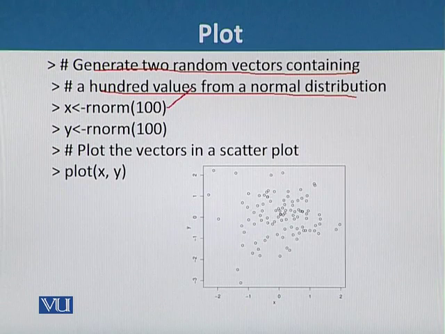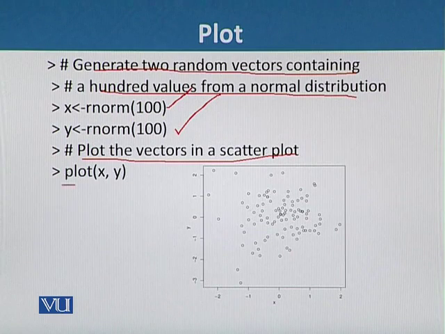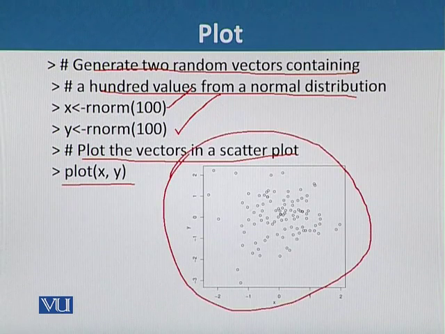So x has 100 values and y has 100 values. The last command is to plot the vectors in a scatter plot, and the command is plot x and y. So by using these commands, a scatter plot will be generated.